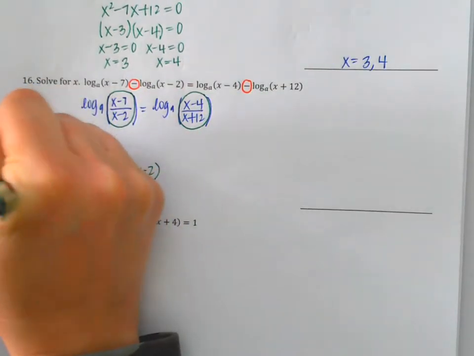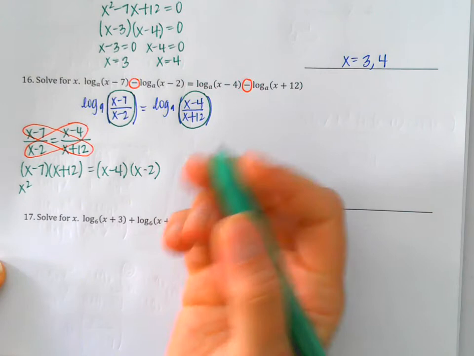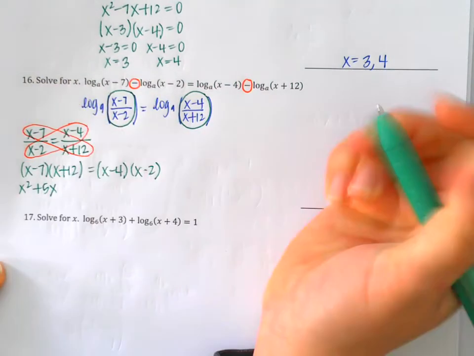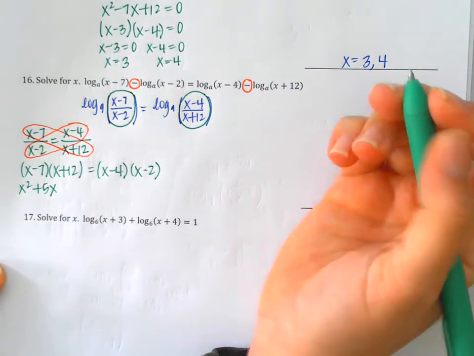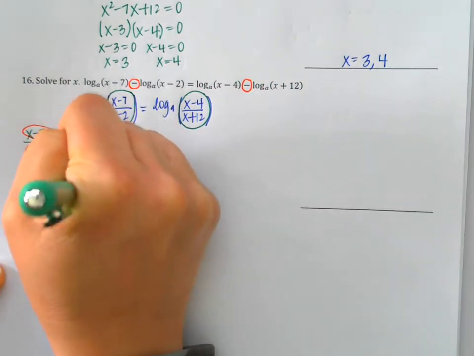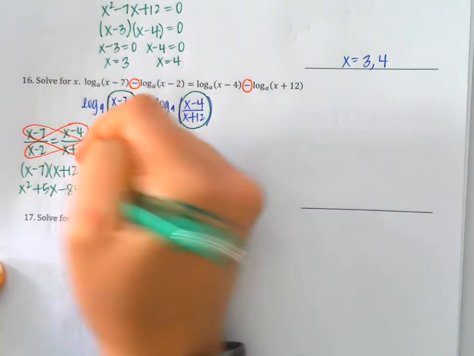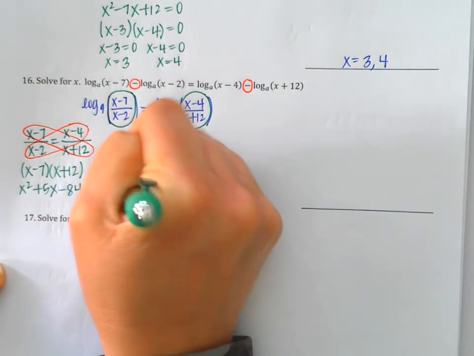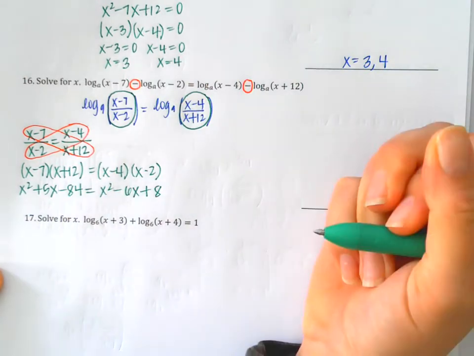X times x is x squared, plus 12x minus 7x is 5x, and negative 7 times 12 is negative 84. X times x is x squared, minus 2x minus 4x is negative 6x, plus 8.